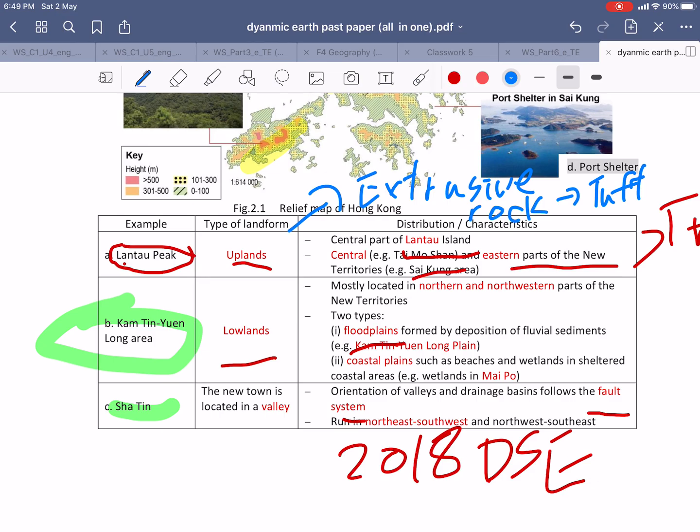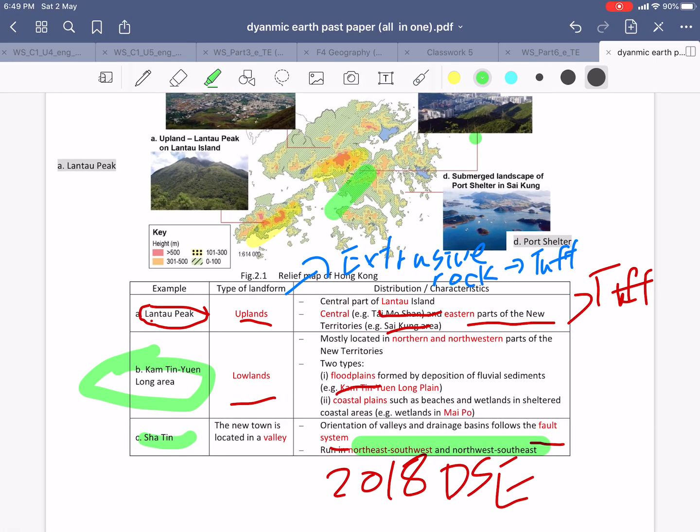And please bear in mind, if you are going to suggest the orientation of the fault line, you have to say northeast-southwest or northwest-southeast, not just northeast. Okay, northeast-southwest, bear in mind, because we are talking about it like this. And there are also some minor faults like this, like a fishbone pattern.